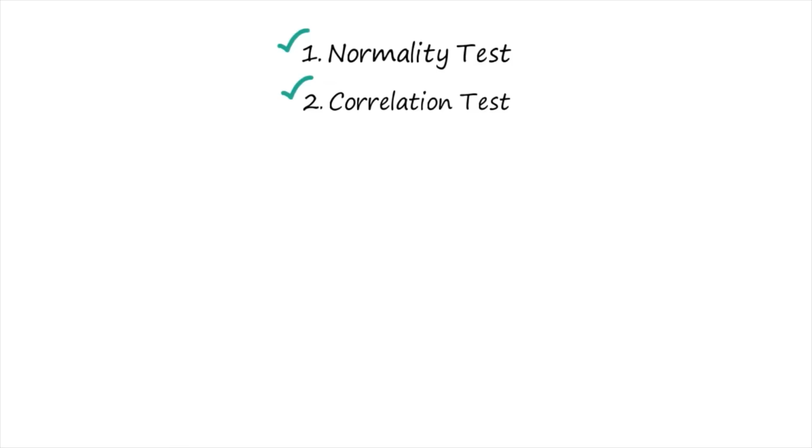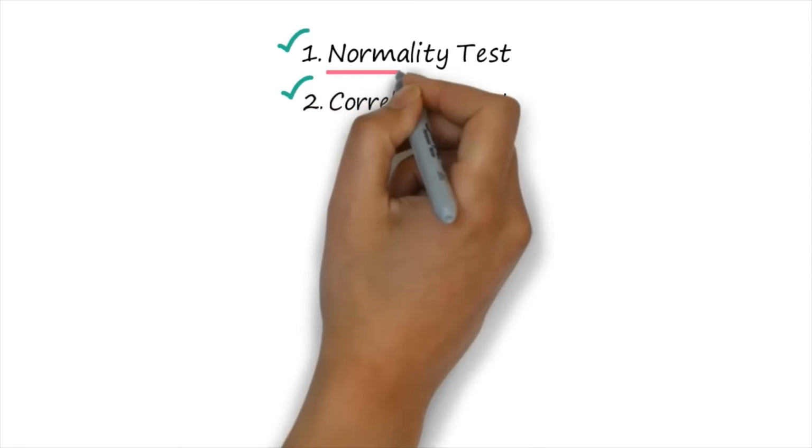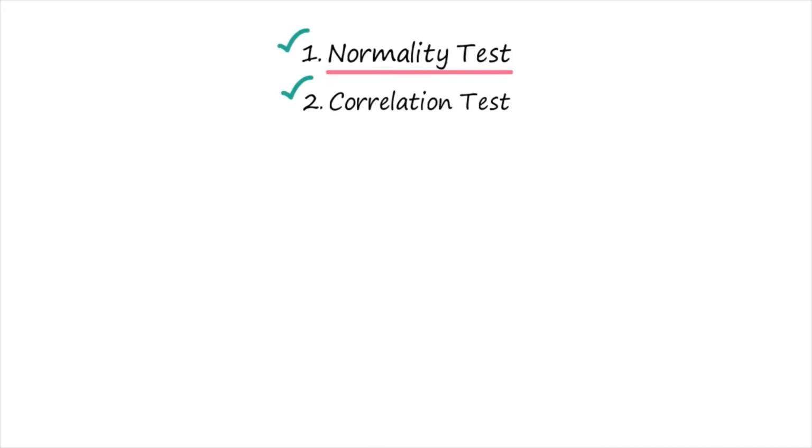In order to understand this, first you have to understand for what purpose you want to calculate the p-value. Is this for a normality test or for a correlation test? Say we agreed on this. Now we want to calculate the p-value for a normality test, right?